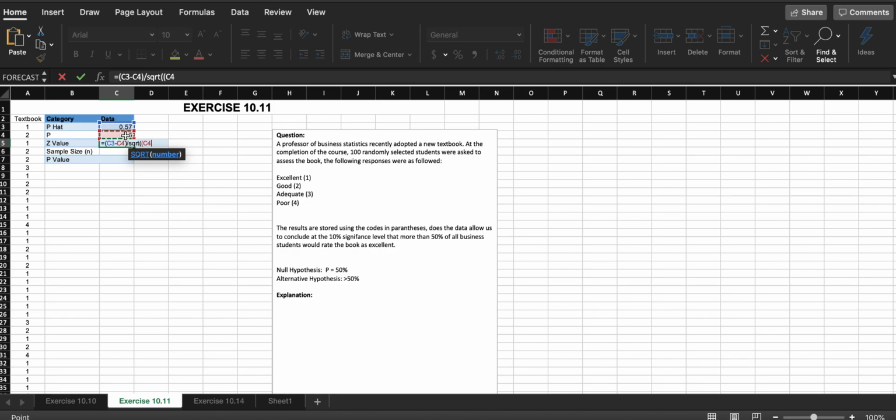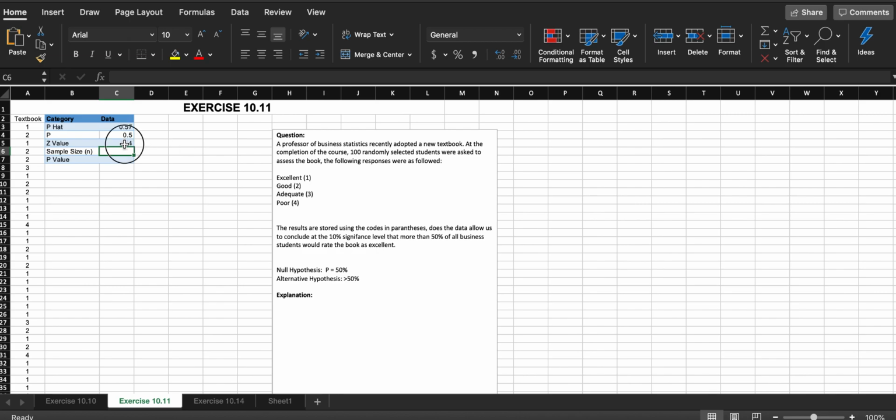So it's going to be P multiplied by 1 minus P, divided by, you can use count or you can just use 100. Again, 100 is given to you here. You're going to hit enter, and you're going to get 1.4. That's your Z value. Sample size, it's just 100. It's given to us.